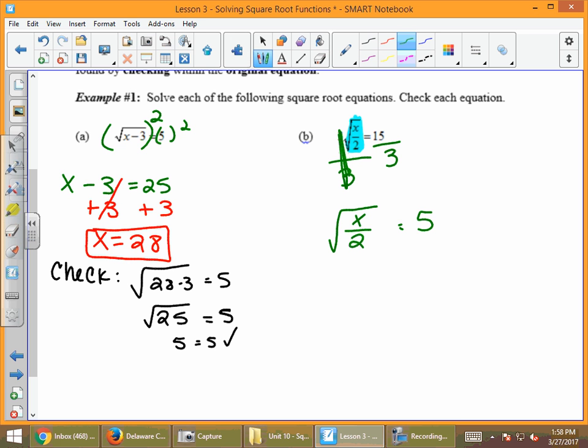Now that we have that radical by itself, how are we going to get rid of it? Square. Yeah, square both sides. Do the opposite. Gets rid of the radical, and we're just left with what? x over 2 is equal to, what's 5 squared again? 25.